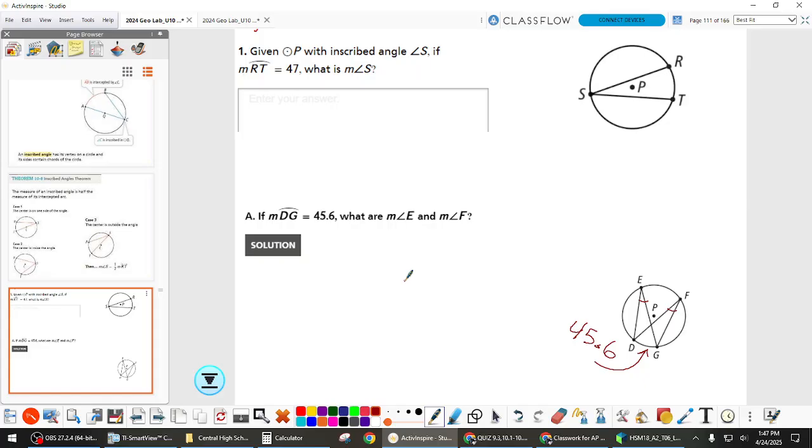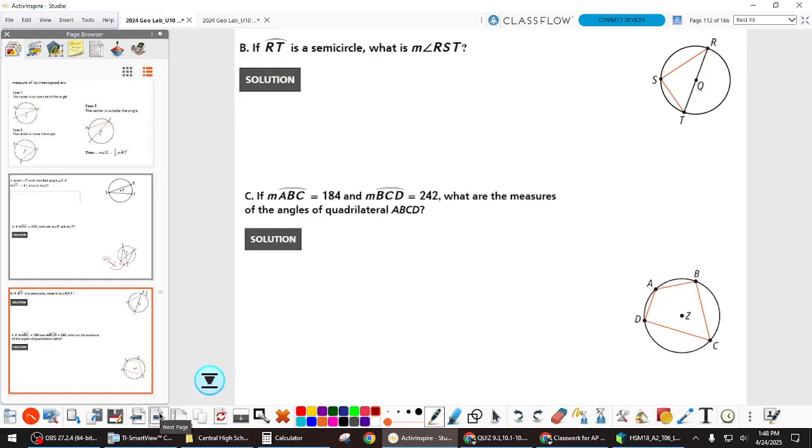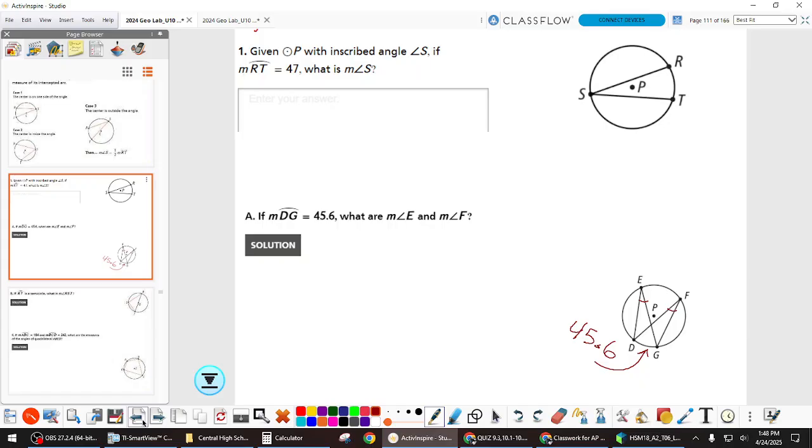Just ballpark it, or just describe it. They're inscribed to the arc 45.6. So inscribed is what to that? Half of it, right? 22.3-ish. Yeah, good. 22.8. In fact, let me go back and write that.